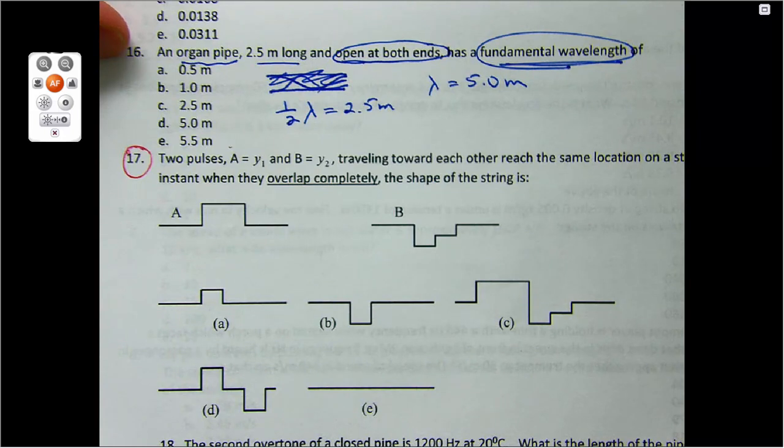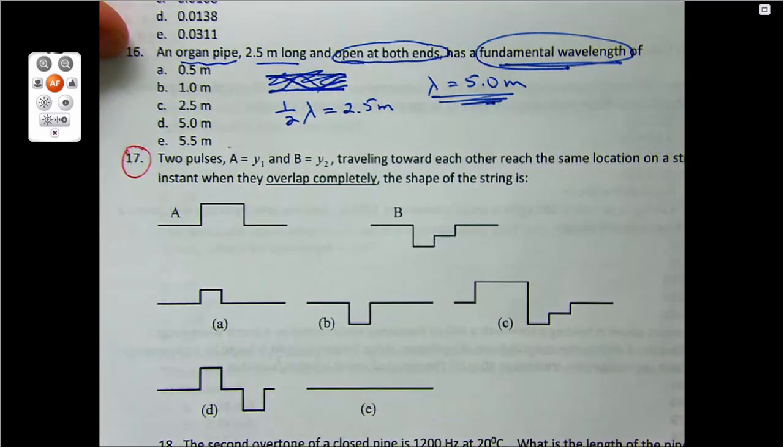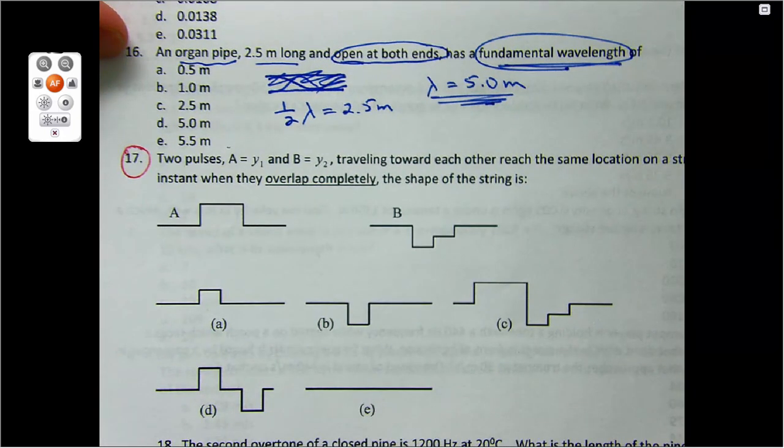No, this would be correct, because if this is the wavelength, 1/2 of that wave is going to be in the pipe, right? 1/2 of that wave.